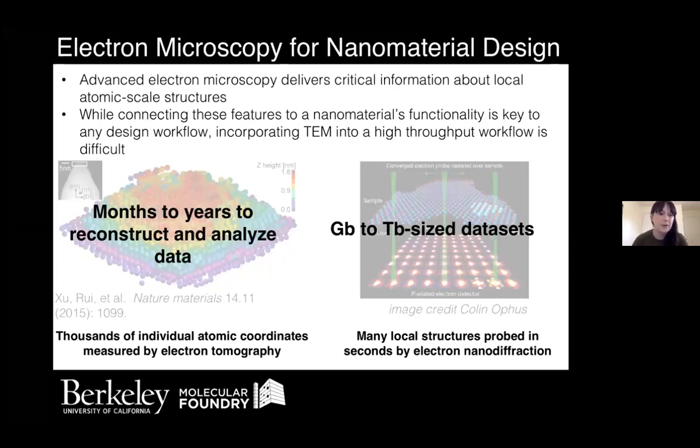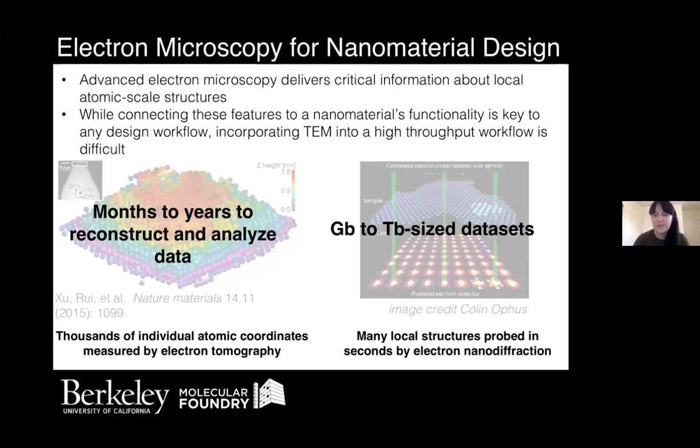In the case of electron tomography, it can take months to years to obtain the data set that you need and reconstruct and analyze it in a customized analysis workflow. And in the case of scanning nanodiffraction, because we're collecting a grid of two-dimensional diffraction patterns, our data sets can actually be gigabytes to terabytes in size.